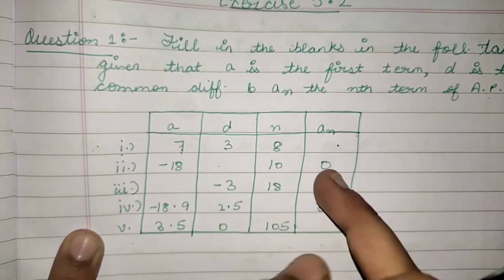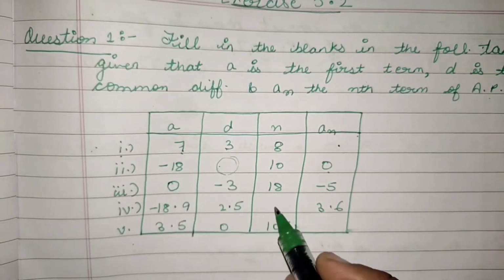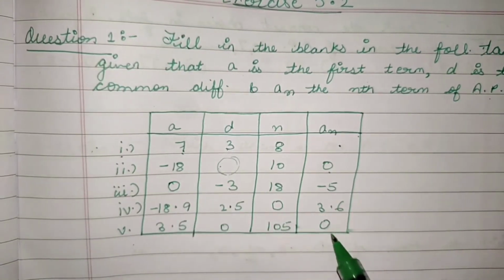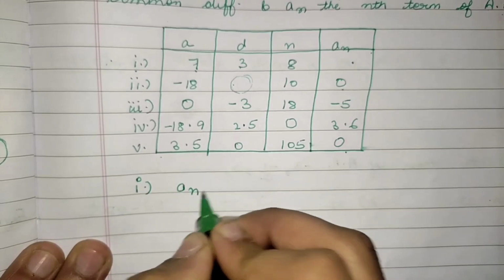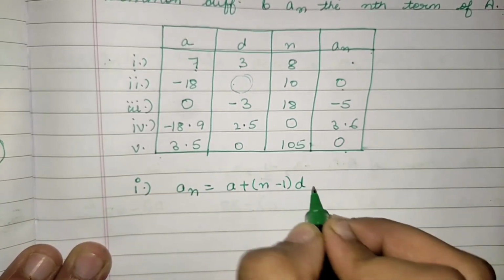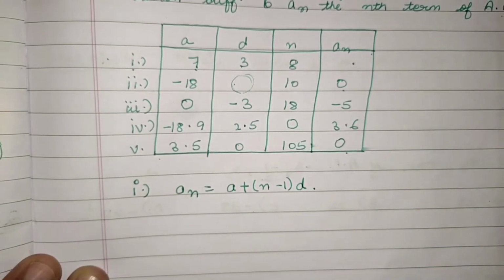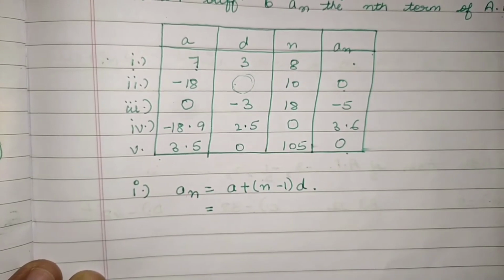Then they have given you the remaining terms and you have to find the common difference, or the value of A or N. So in all the cases, which formula can you use? You can simply use AN equals A plus N minus 1 into D. Put in the values which are given to you and you can find the remaining value.